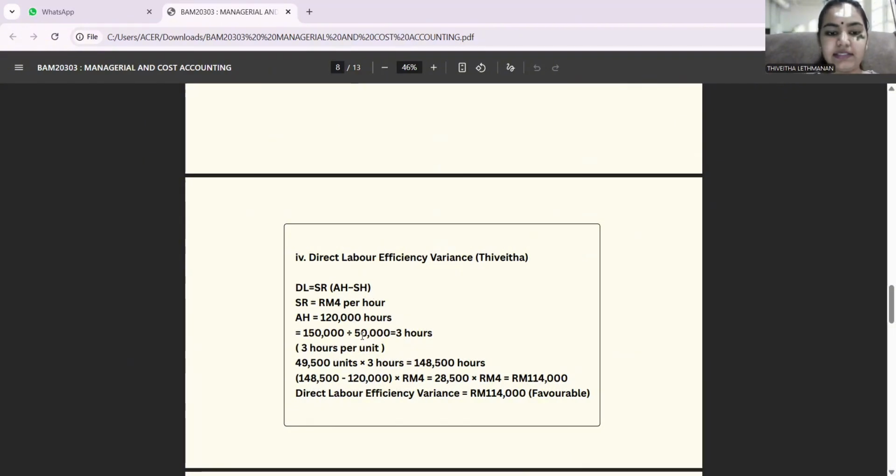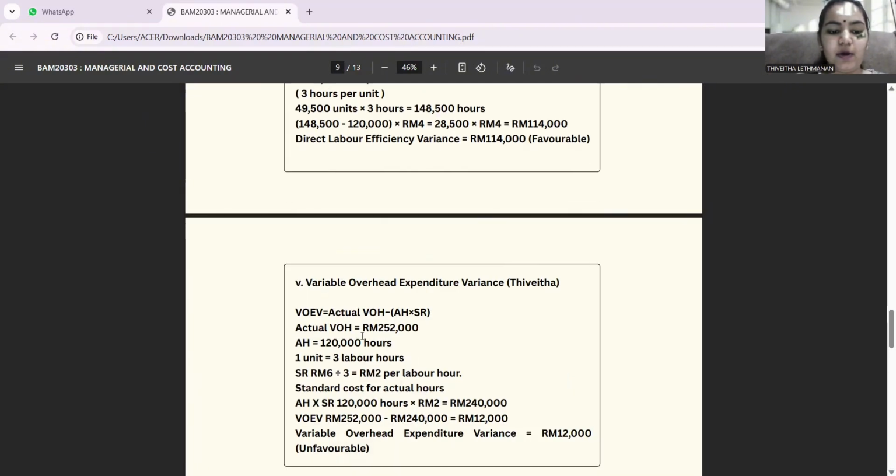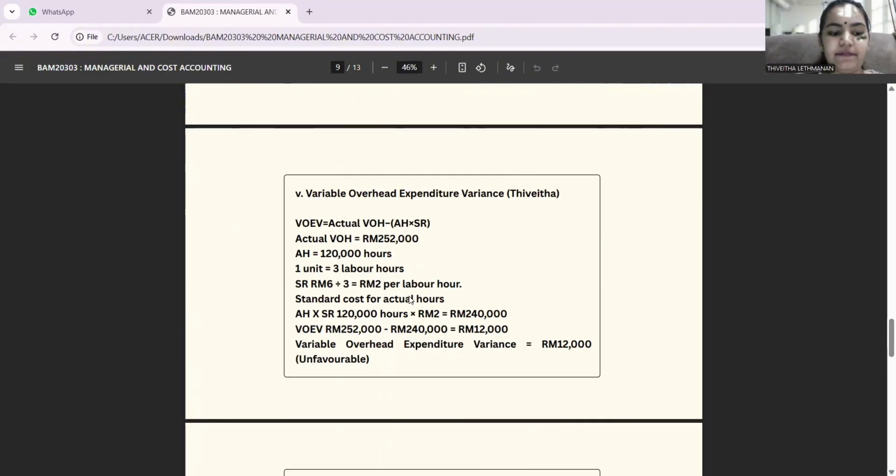The next is variable overhead expenditure variance. This is the calculation. This variance compares actual variable overhead cost with the standard cost.